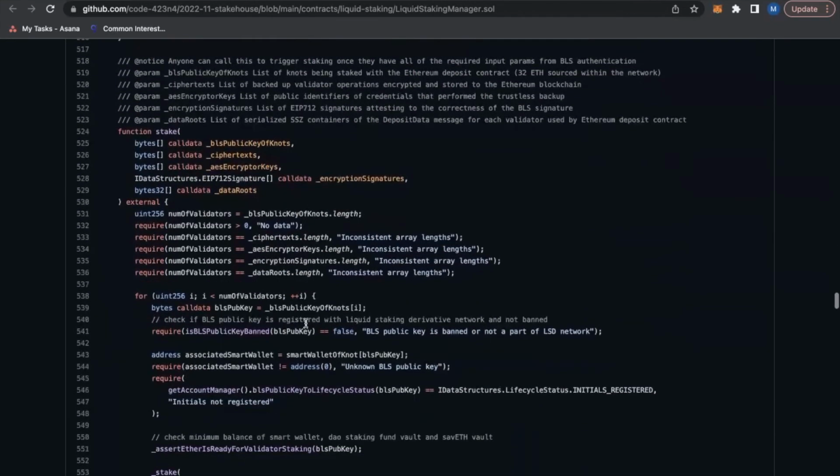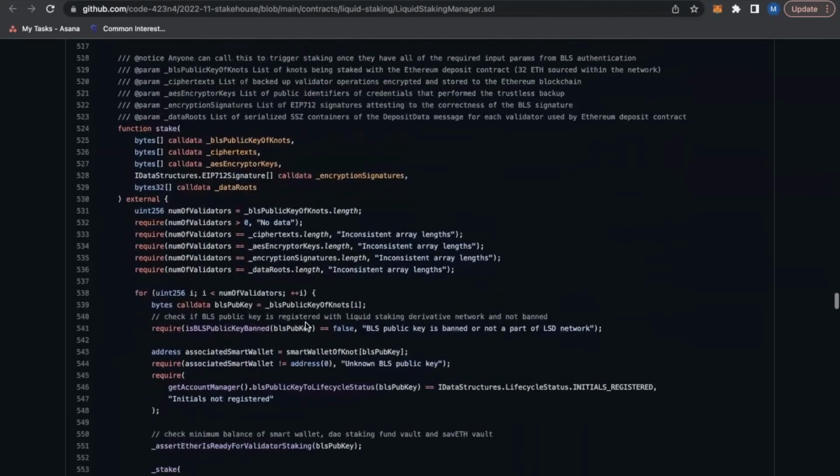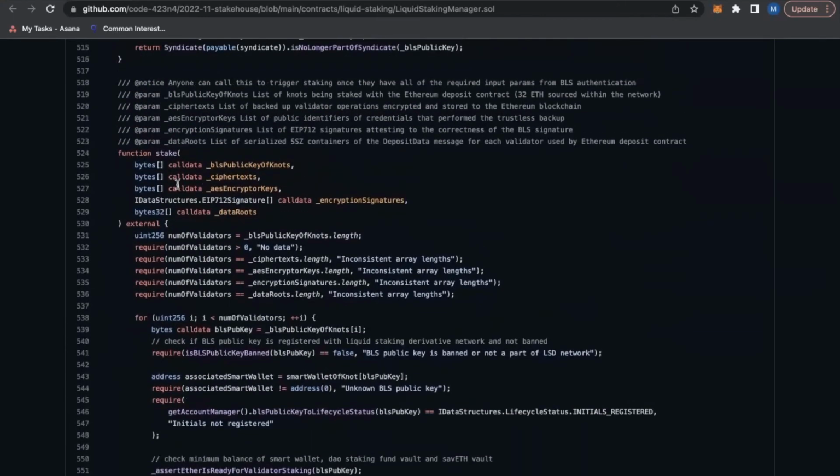Oh, stake function. Okay. So again, the best thing about the contracts here is that almost every function has a batch transaction, which means you don't have to sit and do a single transaction. Rather, everything related to different BLS public keys, you can do all in a single batch transaction.